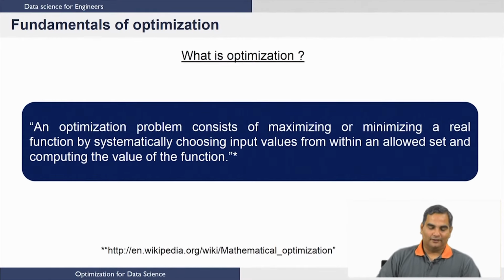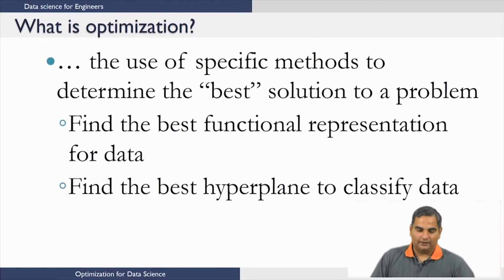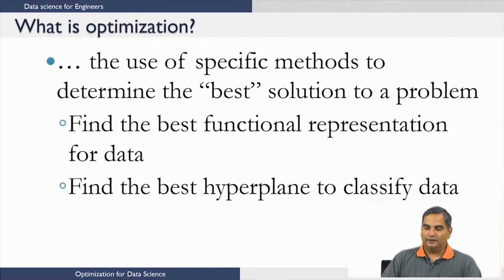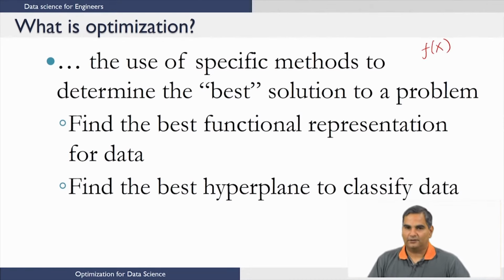We will more clearly understand what each of these means in the next slide. Now, when we talk about optimization, we are always interested in finding the best solution. So, I have some functional form that I am interested in, and I am trying to find the best solution for this functional form.